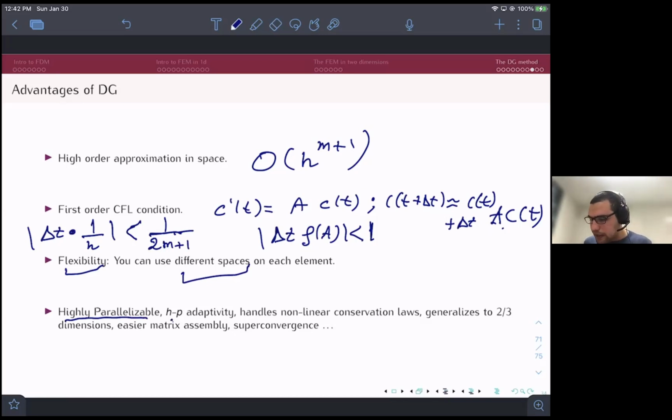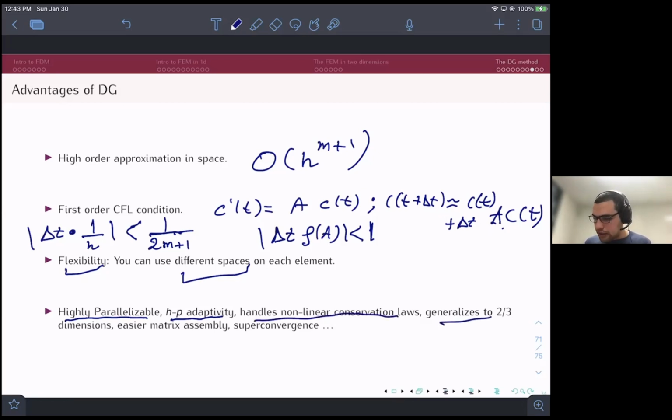It's hp-adaptive, which means I can keep varying h and p to gain a better approximation. Whenever the solution is not smooth, I would use smaller h's, and whenever the solution is smooth, I would use higher degrees. And it handles nonlinear conservation laws very, very well.